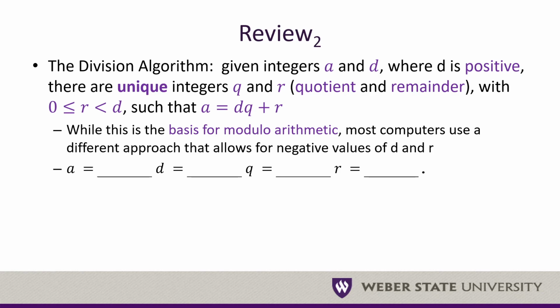Something maybe less than 5 digits would be good. Man, tough room. Let's do negative 47, and D will be 3. So now the question is, what's Q and what's R? Because they have to be unique.